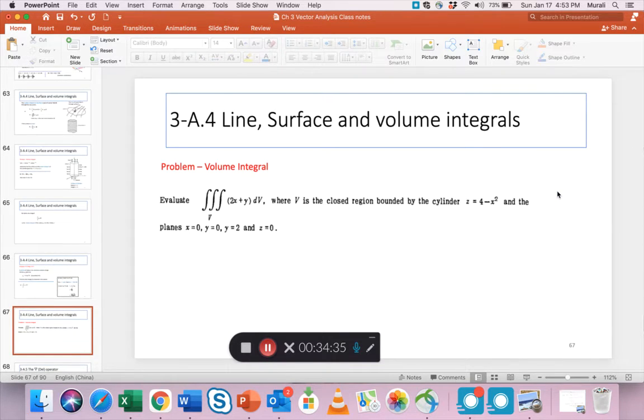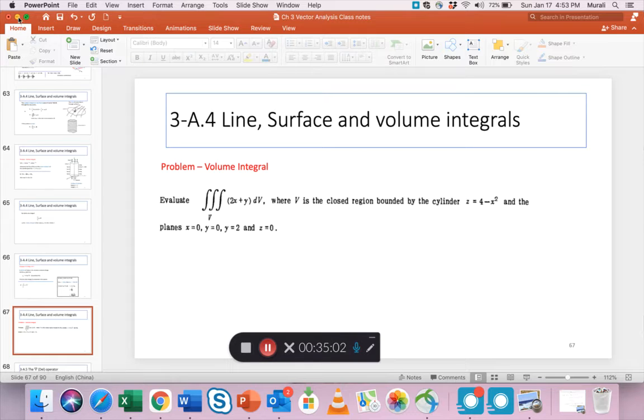I have another example of a volume integral that I picked up somewhere else. Here it says evaluate this triple integral for this function 2x plus y, where V is the closed region bounded by this cylinder, and then the planes x equals 0, y equals 0, z equals 0, and y equals 2.